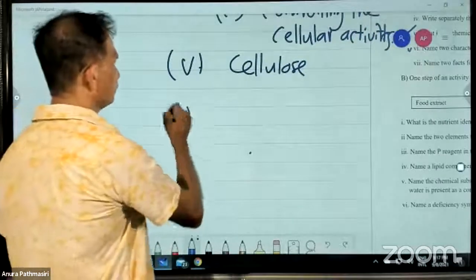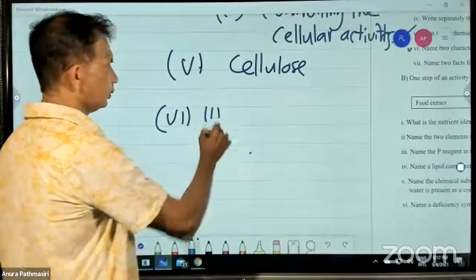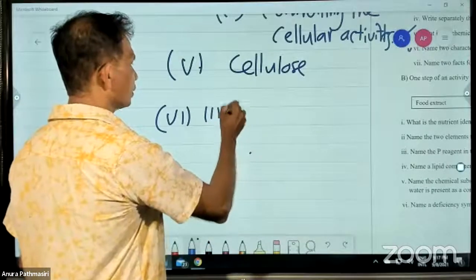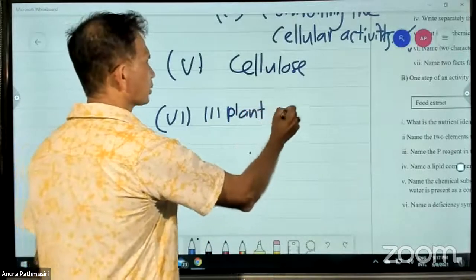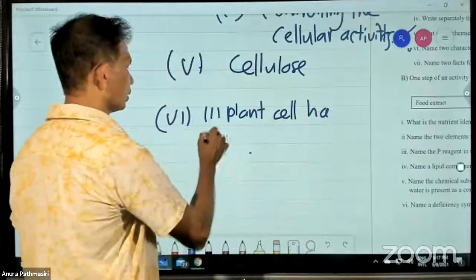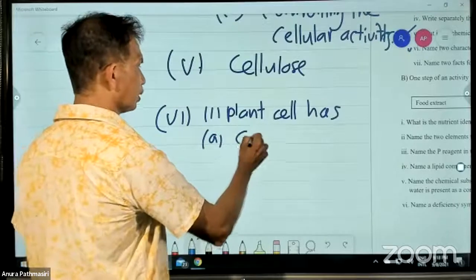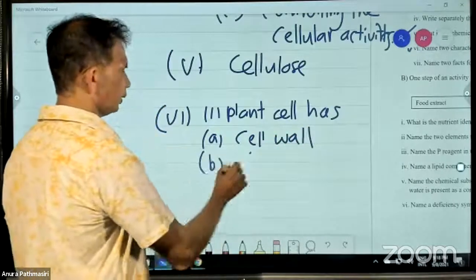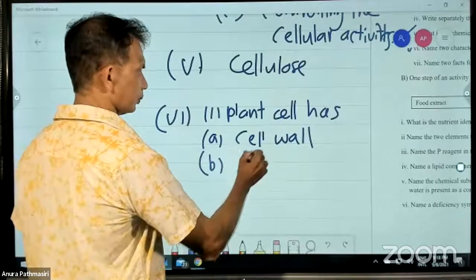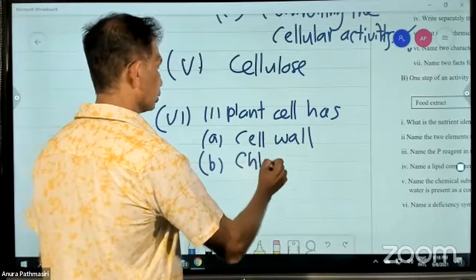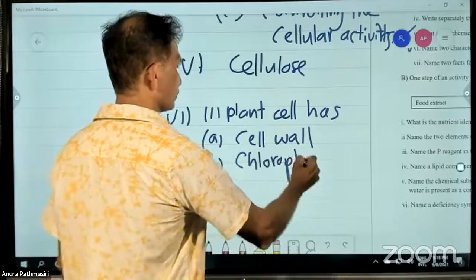The sixth one, the difference asked: plant cell has the cell wall, chloroplast.